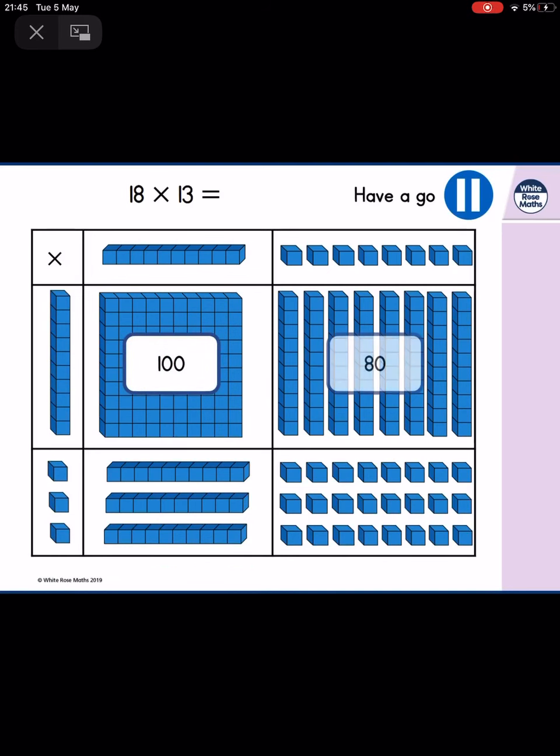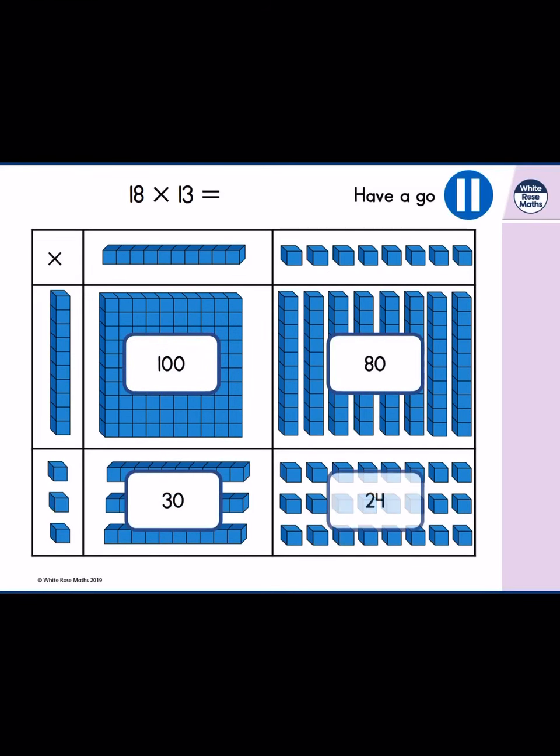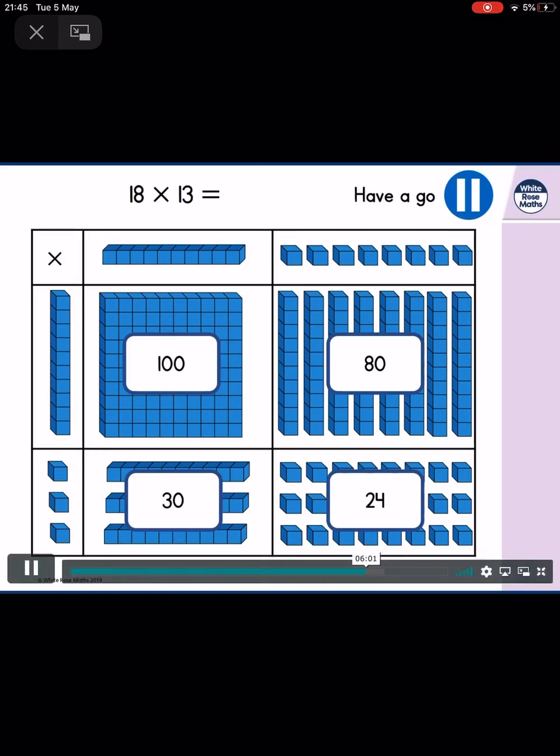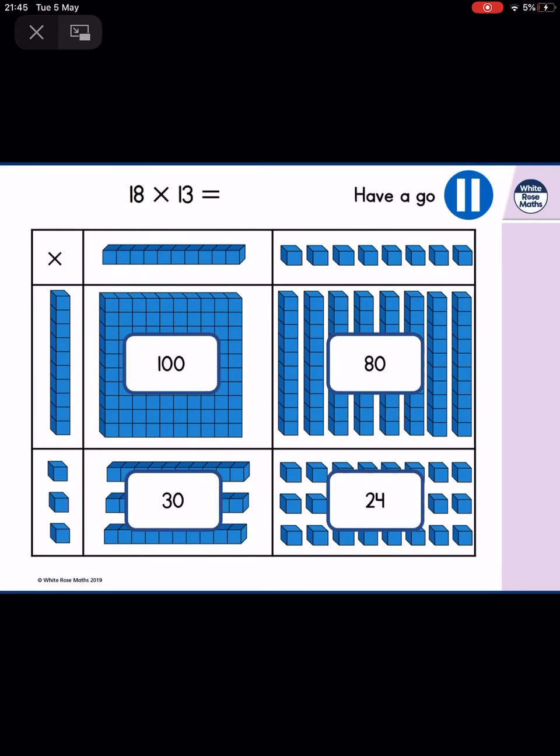So this section is 100, 80, 30, and 24. When I'm calculating them in my head, I would look at the 80 and the 30, and I would see that as 110. Add that to 100, 210, and then 210 plus 24 is 234.